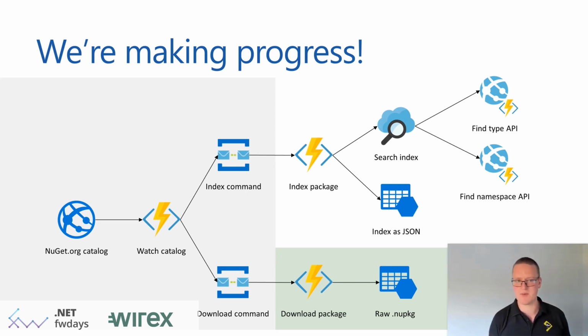And by the way, I'm going to make a small remark here. You may be wondering why we have that watch catalog function that is watching the catalog and then pushing everything into a queue, and not indexing directly.